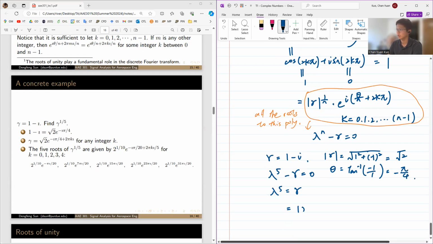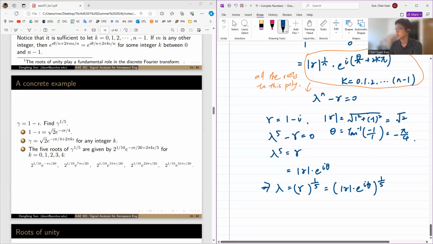So here we have the magnitude times e to the i theta, and so that basically says lambda, which is equal to gamma to the power of 1 over 5, will be this whole thing to the power of 1 over 5. So here we have square root of 2 to the power of 1 over 5 times e to the i theta over 5.